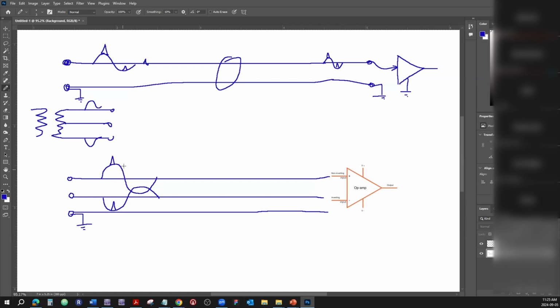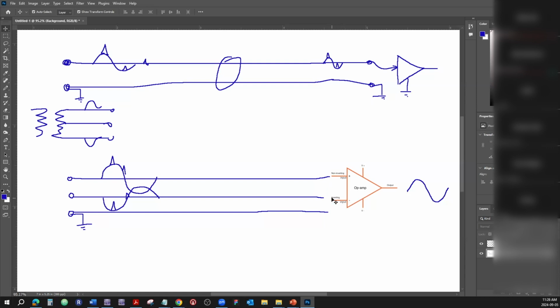So the signal could be quite noisy, but at the output you're going to get a nice and clean signal without that noise, because the noise is in phase. If the whole thing rises, it rises by the same amount at both inputs, so it doesn't create a difference.